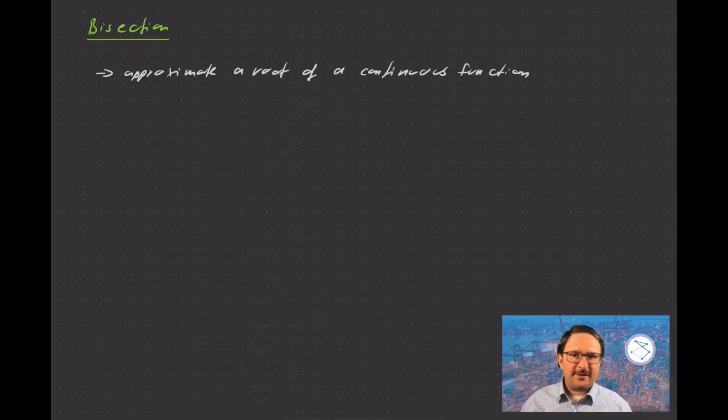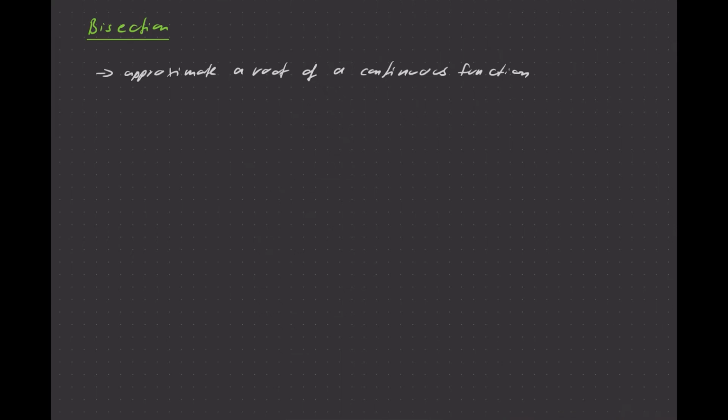It's pretty fast. It gives us an approximation very fast. But it will just approximate one arbitrary root. So we don't have any control about which root it does approximate unless we know beforehand where the roots lie approximately. It doesn't give us any information about how many roots the function will have, and we can't choose one if it has more than one root.